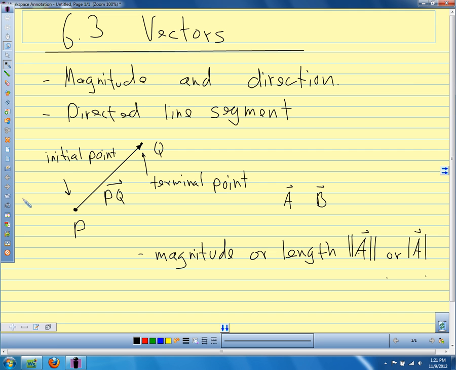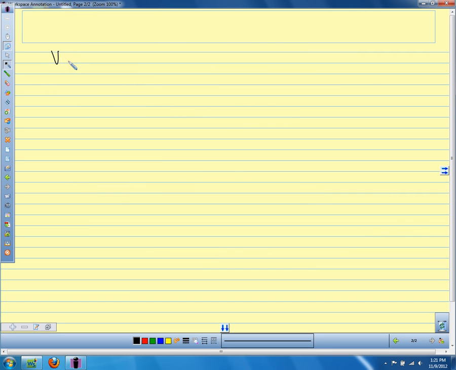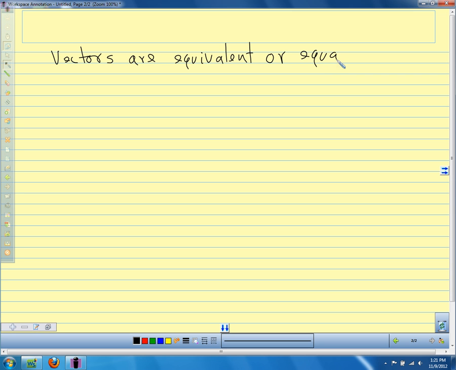We say that vectors are equivalent, or they're equal, if and only if they have the same length and the same direction.